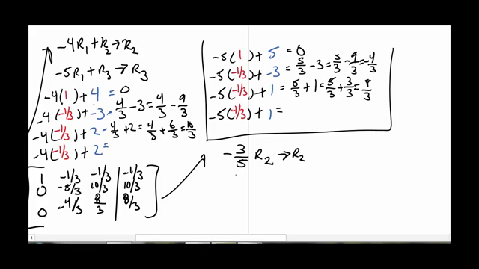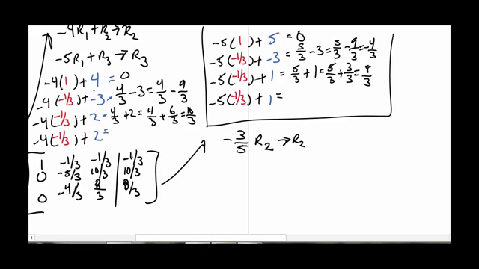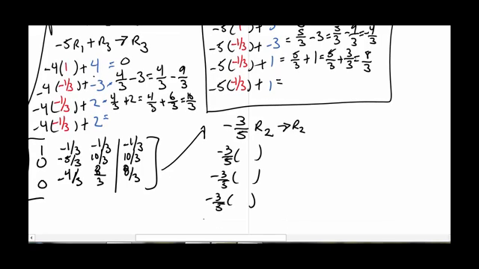All right, so we probably get a sense we're going to have to write this out. So it's negative 3/5, negative 3/5, negative 3/5. All right, and what are my numbers? 0, negative 5 thirds, 10 thirds, and 10 thirds.